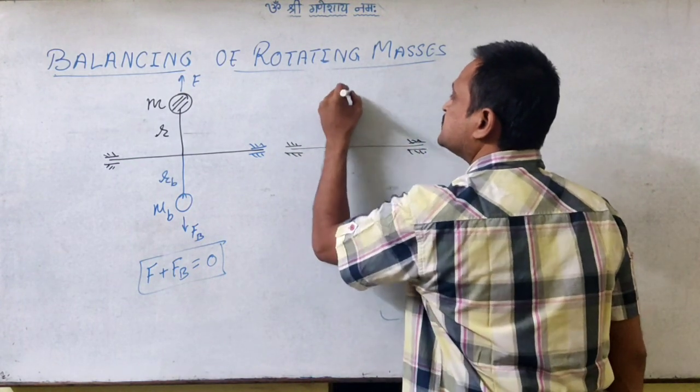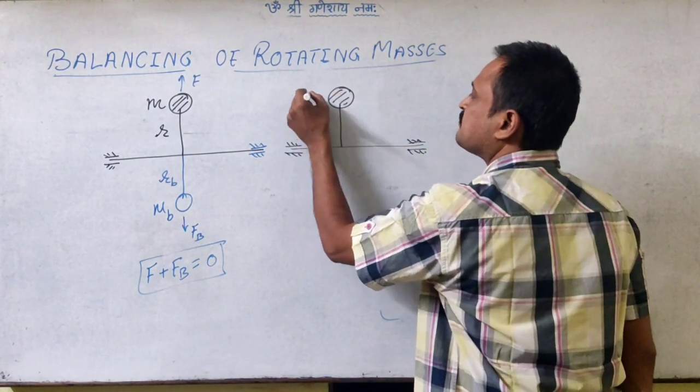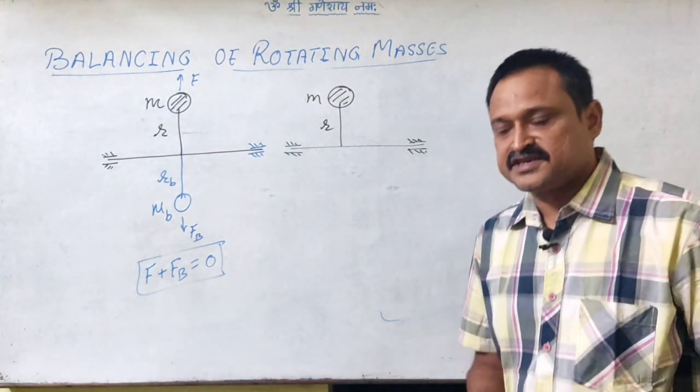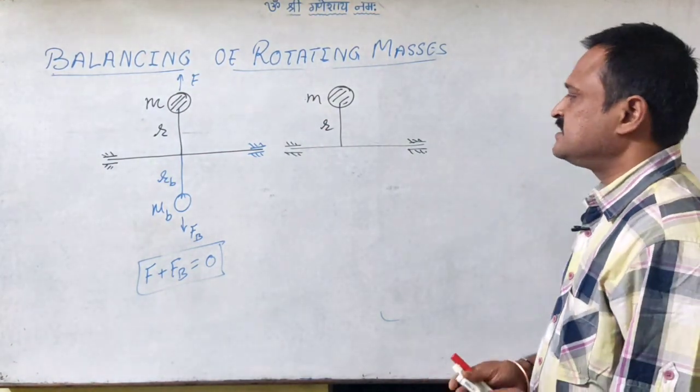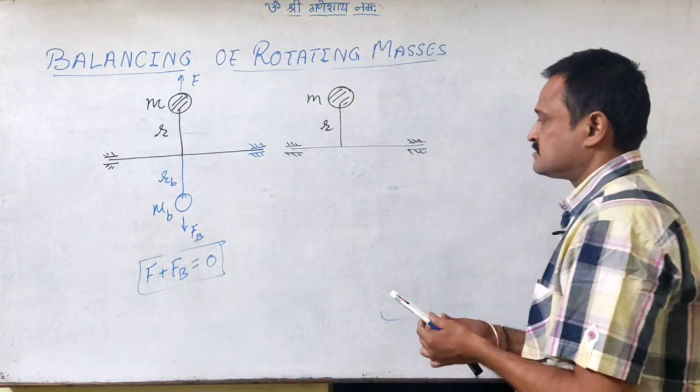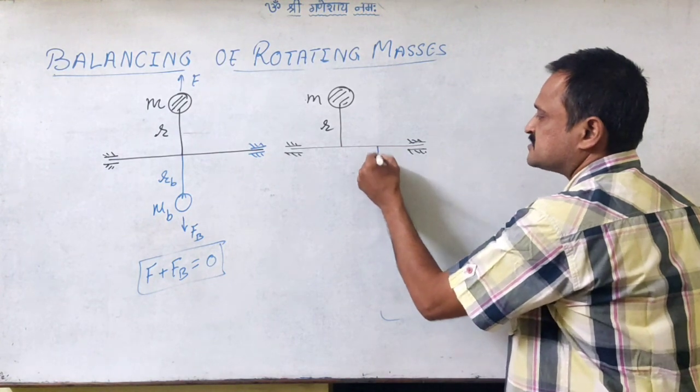If this is the disturbing mass m at radius r, I am placing the balancing mass maybe somewhere else.